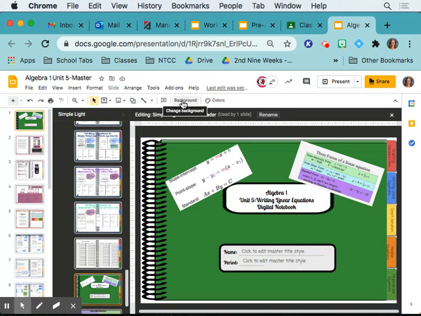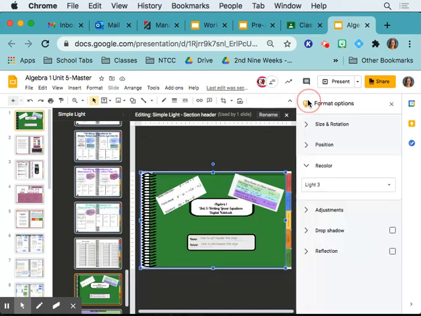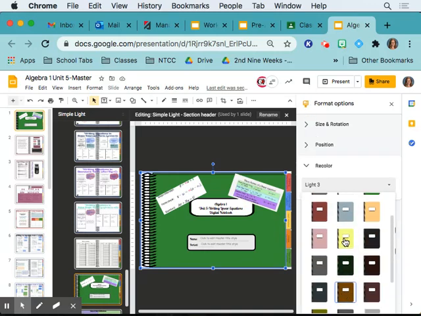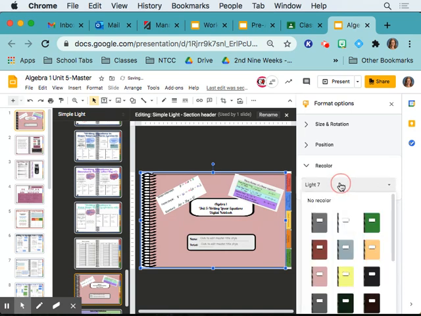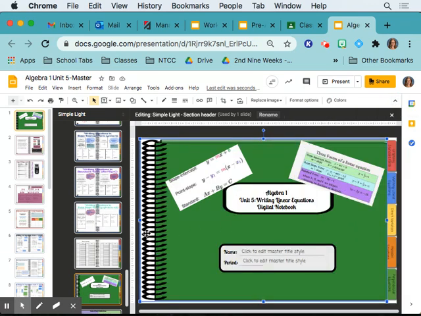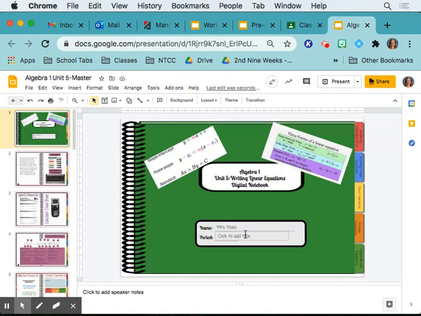Let's say you want to do pink or just white or gray. I'm going to do green. And then you can X that out, and now you have it personalized to what color you want.